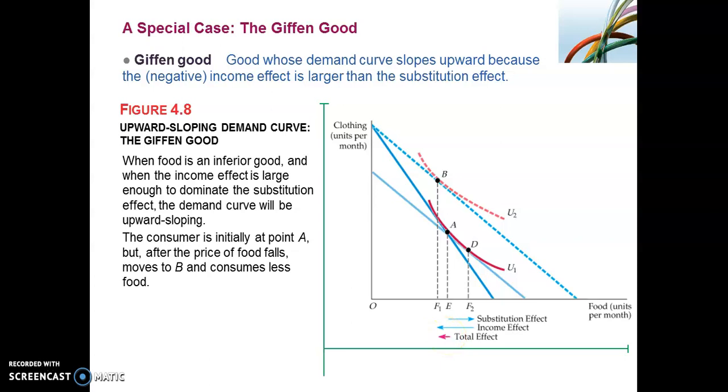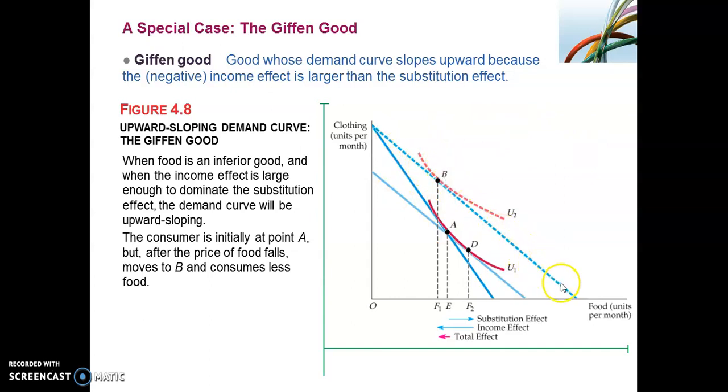So now this consumer, if we start looking at this graph in detail, is initially at point A on indifference curve U1. And when the price falls, we know that the budget line will shift outward, and that will become the new budget line.